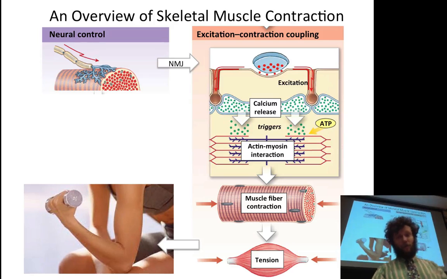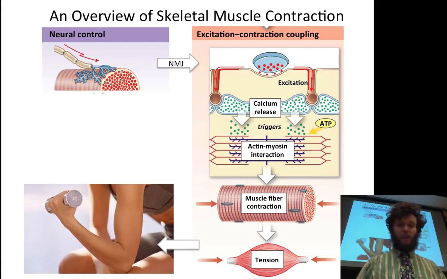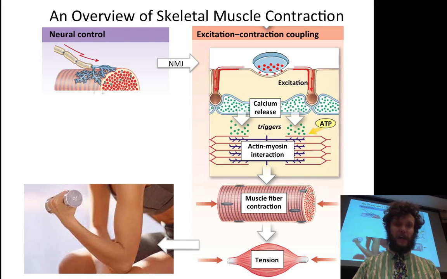All right, an overview of the skeletal muscle contraction. There's really 4 steps in any contraction cycle. There's excitation, excitation-contraction coupling, then contraction, then relaxation. Okay, and here we have the neural control starting out this whole process of excitation.